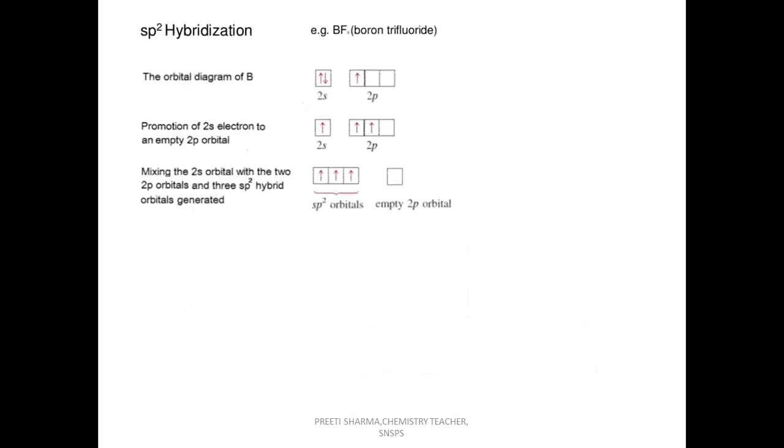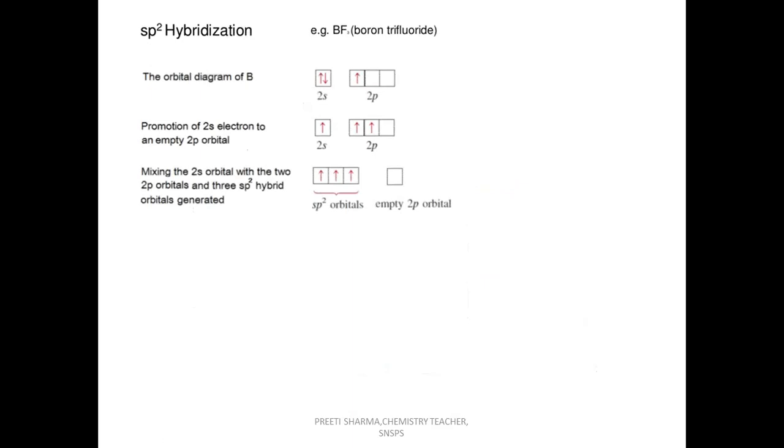sp2. Again, sp2 is similar to sp. Here I have taken one example of the BF3 molecule, right? In BF3, if I write the configuration of boron, boron is 5. Again, you can say 1s2, 2s2 and 2p1.